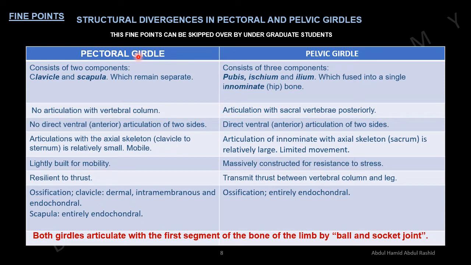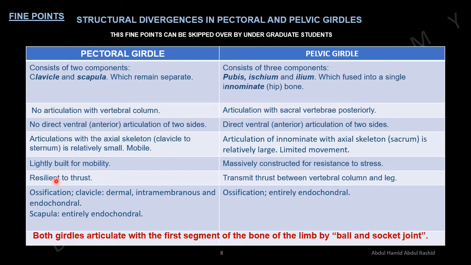Pectoral girdle articulation with the axial skeleton, that is clavicle to the sternum, is relatively small and mobile. Pelvic girdle articulation of innominate with axial skeleton, that is sacrum, is relatively large and has limited movements. Pectoral girdle is lightly built for mobility. Pelvic girdle is massively constructed for resistance to stress.